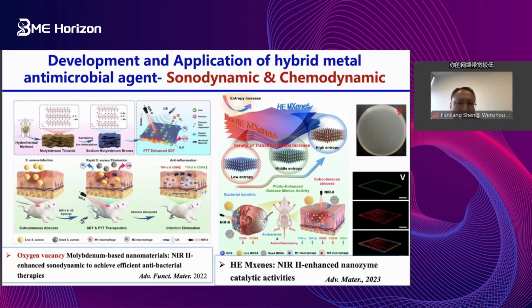Also, this MXene under near infrared irradiation can generate reactive oxygen species here. That's really a very good idea. Actually, we just used other people's idea from a different research field.